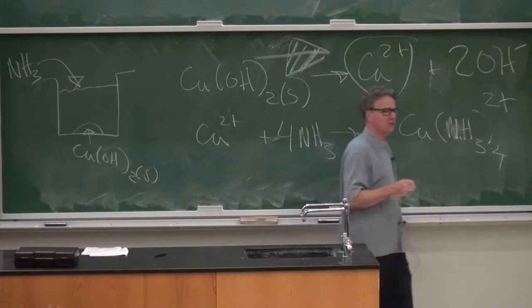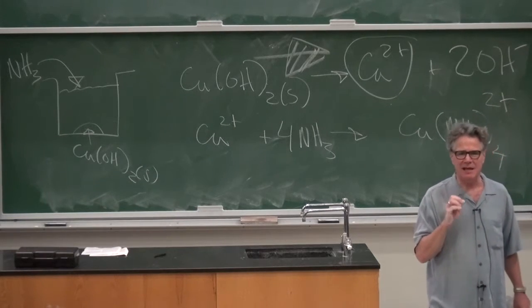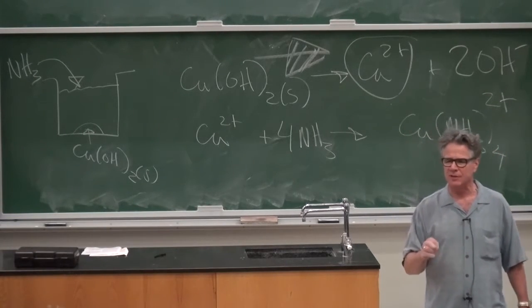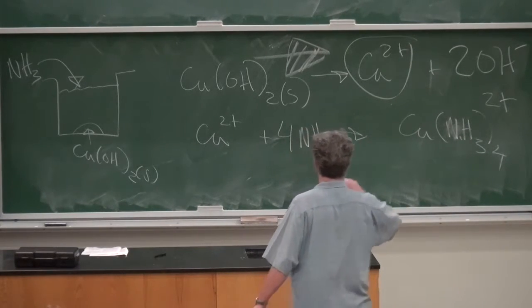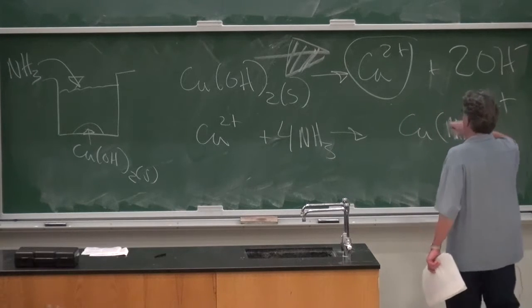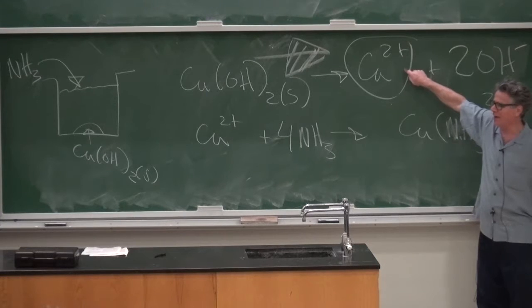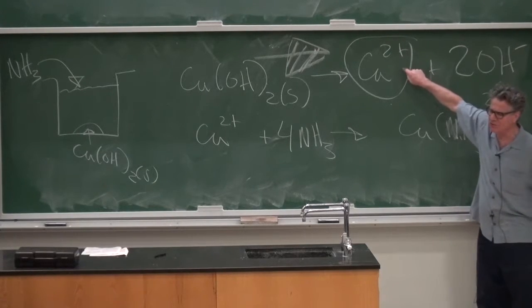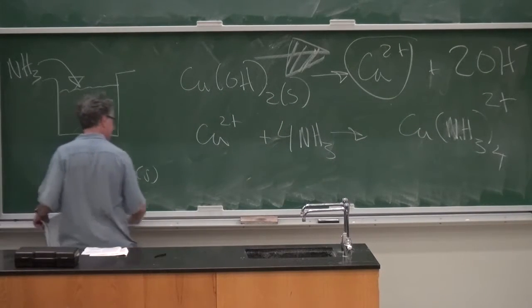So that's why ligands and complexing agents, ionophores, improve solubility of metal ions, because they take away the product of the dissolution reaction. They lower the concentration of this, and if they lower the concentration of this, they raise the solubility of the material. So that's the qualitative idea.